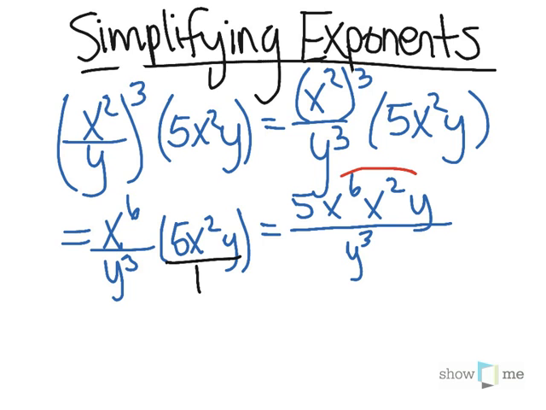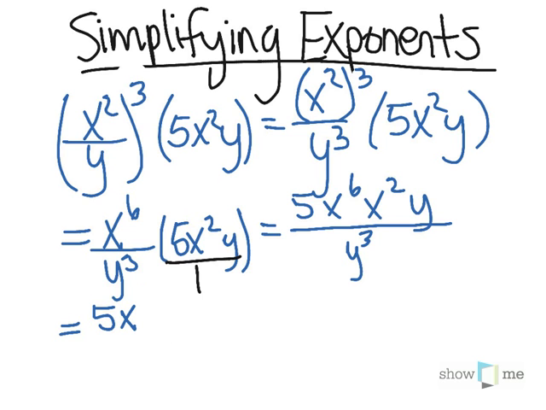Now I see that we have an x squared and an x to the 6. They both have the base of x, which means I can add their exponents, which gives me x to the 8. So now I have 5x to the 8 y.